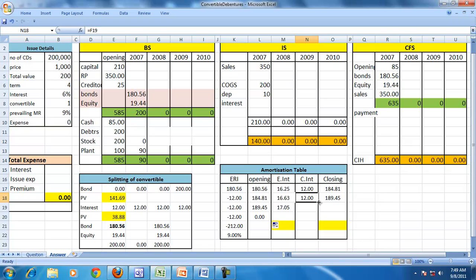The amount of interest paid is 12, the closing balance accordingly.